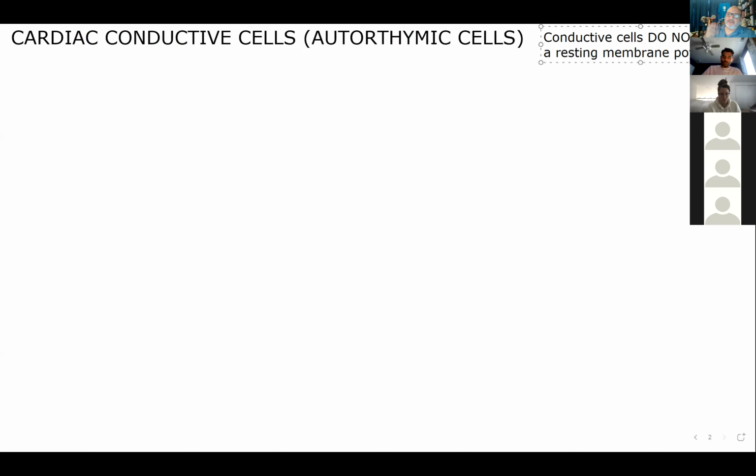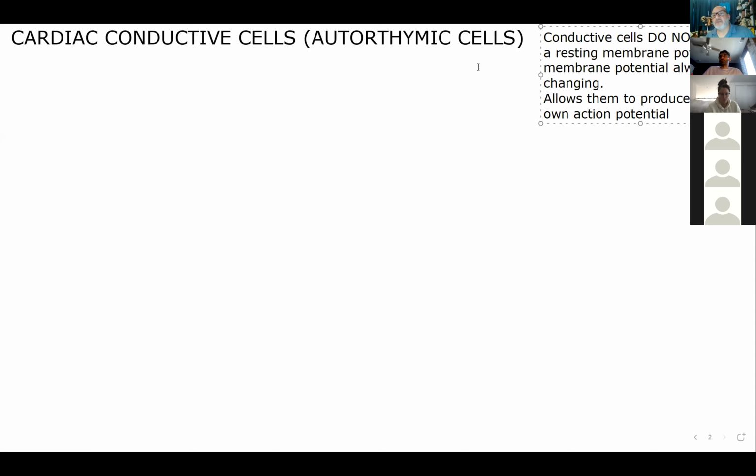So what that means is their membrane potential is always changing. But this constant changing is what allows them to produce their own action potentials. And that's taking up too much space. I need to make that smaller.